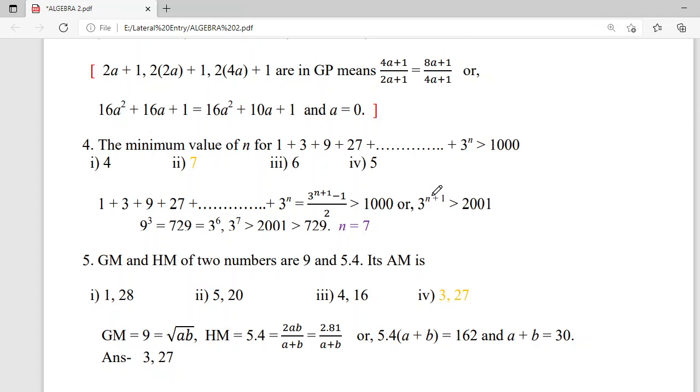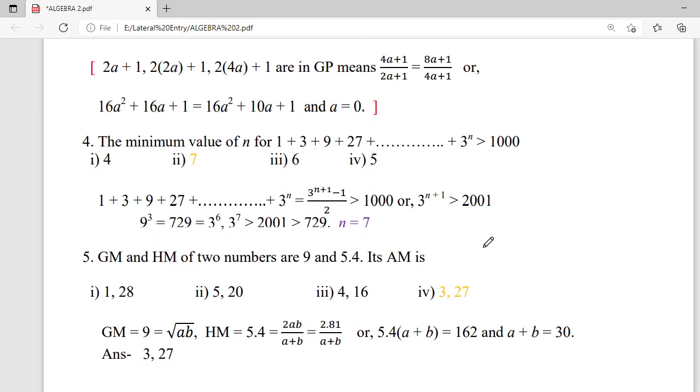Then you go on testing for the minimum value. 3 to the power 6 is less than 2000, and 3 to the power 7 will be greater than 2001. So your answer is n equal to 7.